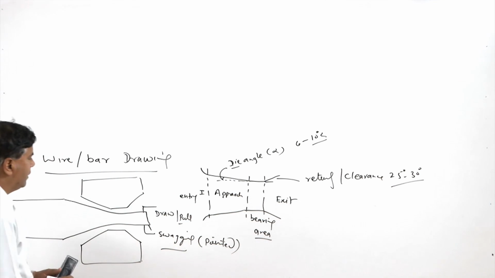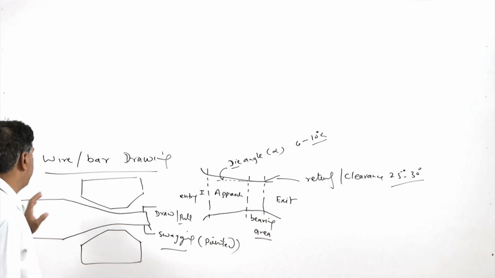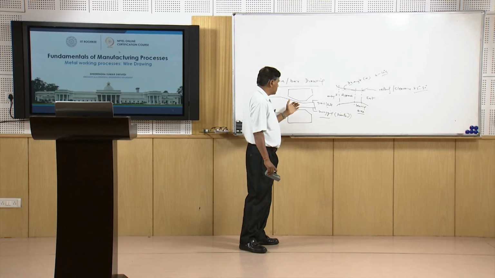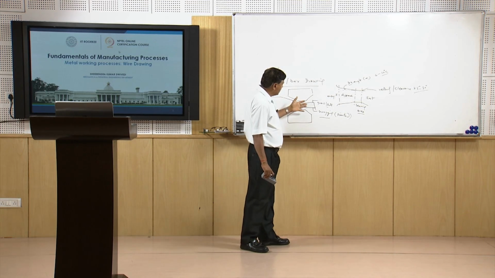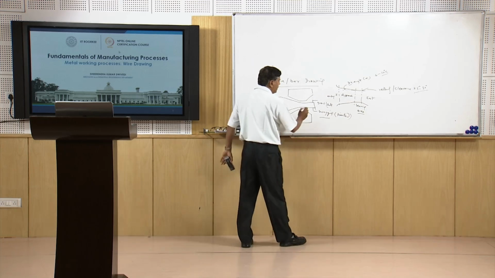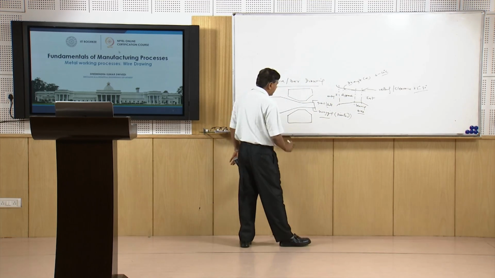So, when one end of the bar which is to be drawn is inserted through the die, and then it is drawn, it is pulled with the help of a suitable mechanical arrangement.